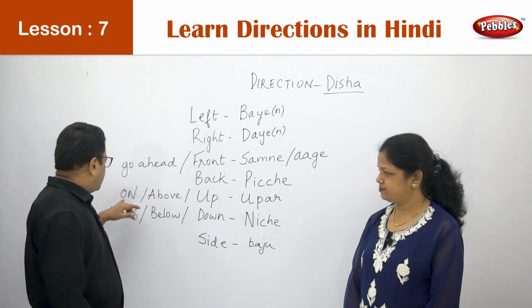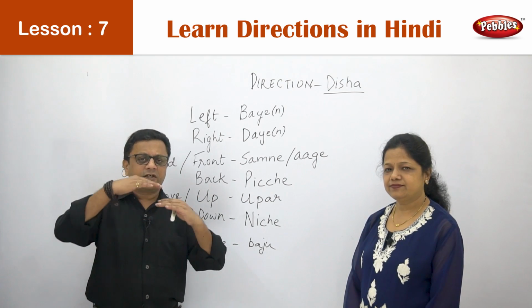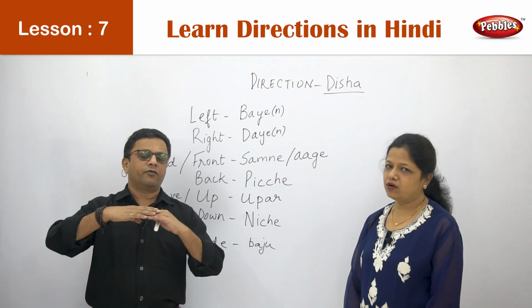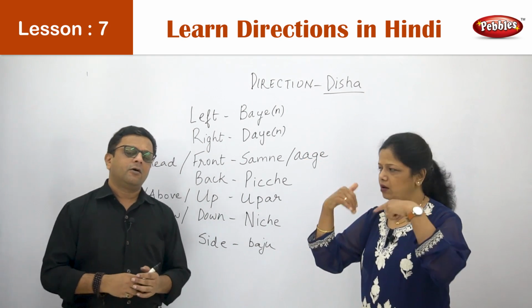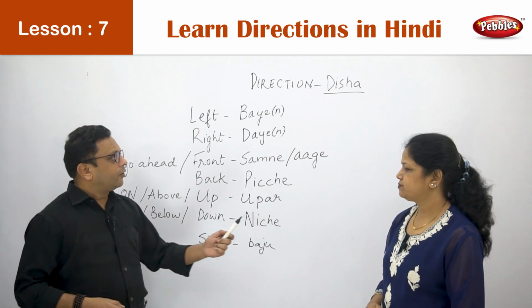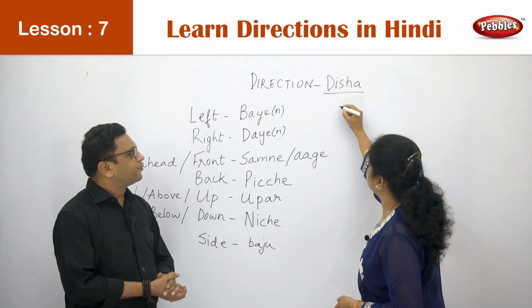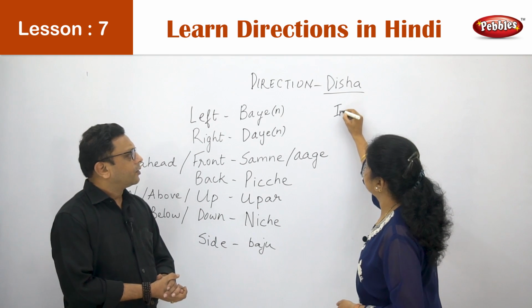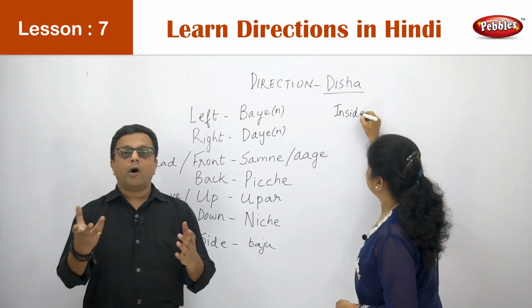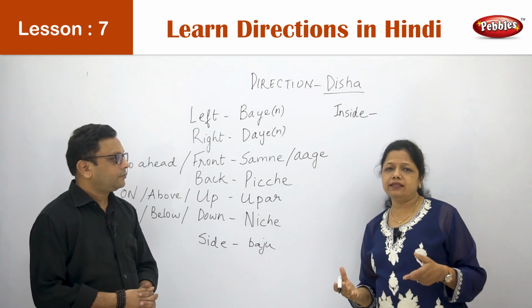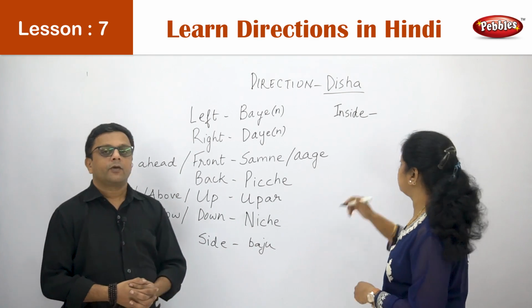Generally in English, when something is touching the surface, we call it "on". But here, whether it is touching or not, for both things it is called ऊपर or नीचे. Now for inside, like a ball is inside the box, inside in Hindi is said as अंदर.